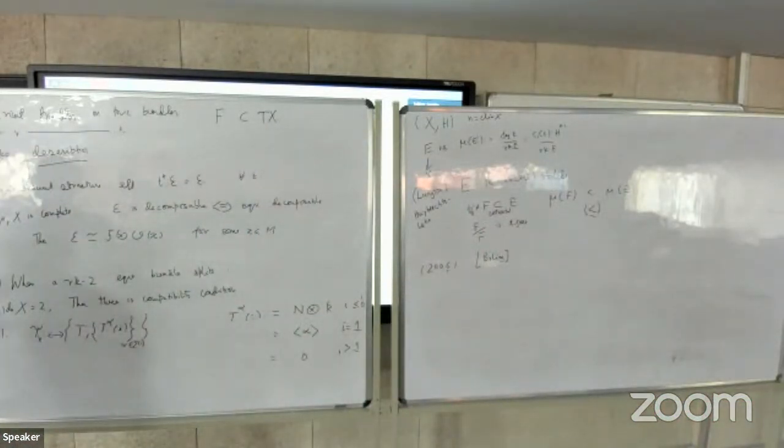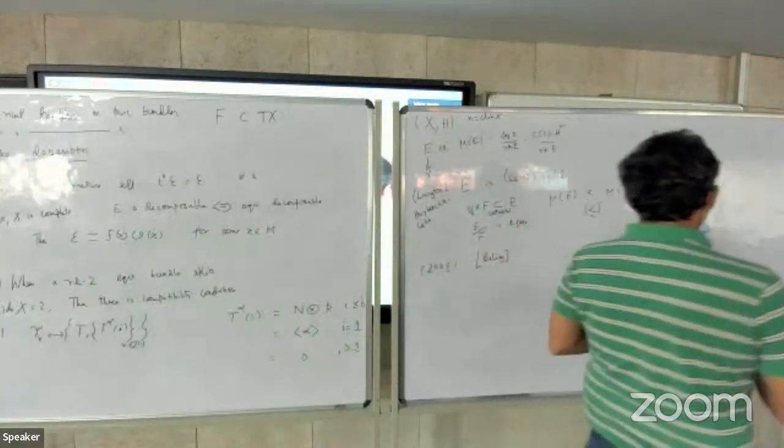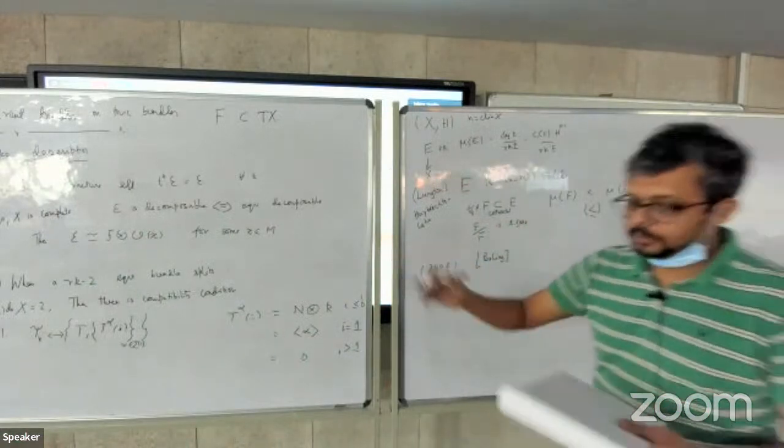That's what Perling proves: for the category of equivariant reflexive sheaves, you don't need the compatibility condition. In the locally free case he defines some compatibility condition, which is again a complicated condition, but for reflexive sheaf you don't need that. Just the filtration is enough, just like the surface case.